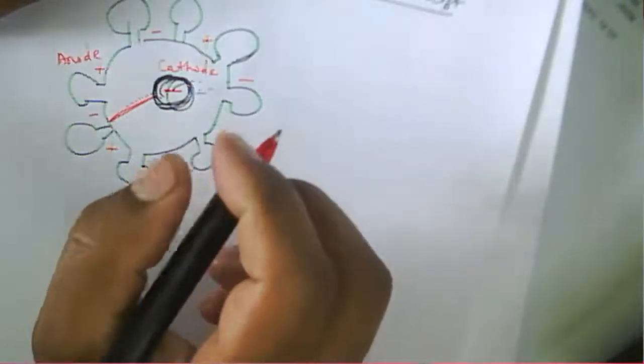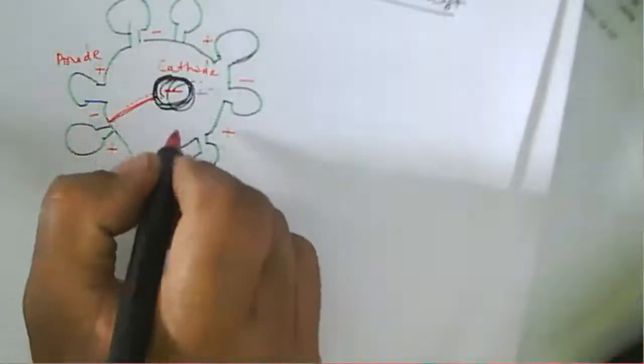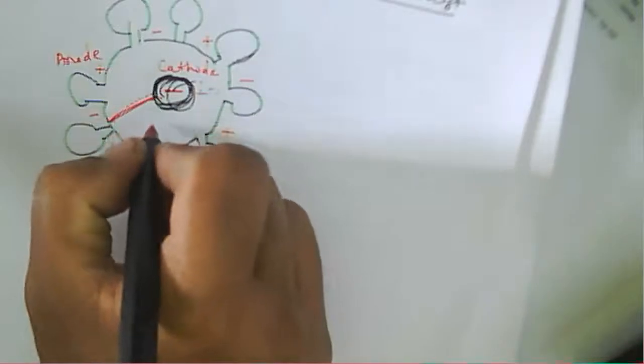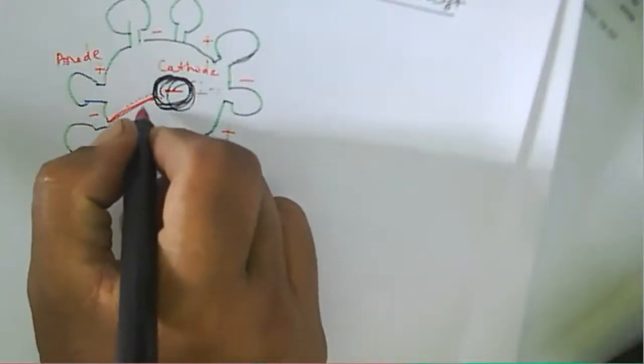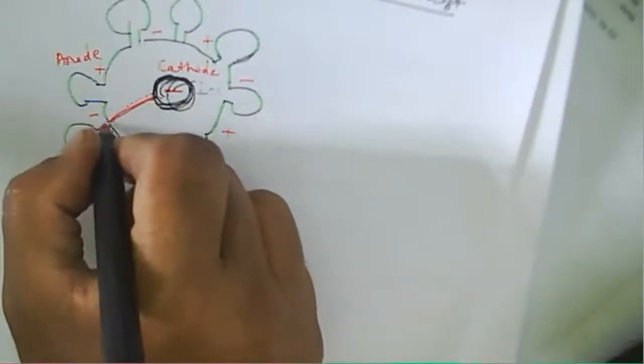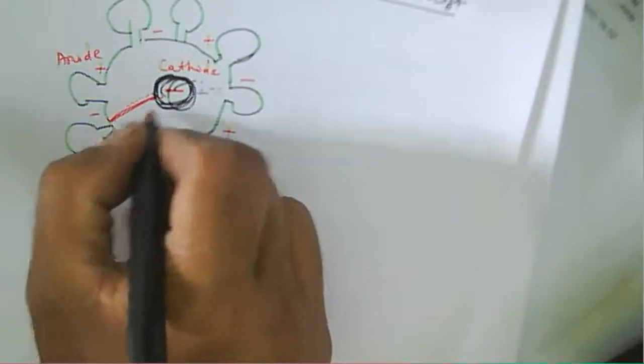If there is no field, they will go directly to the anode. But what happens if there is an RF field in a magnetron? The electric field is from the anode to the cathode, opposite to the electron's direction.